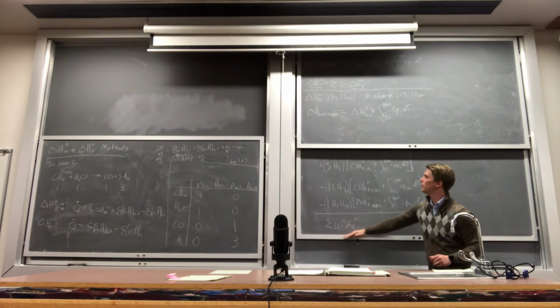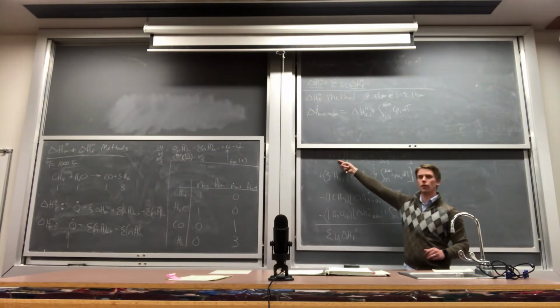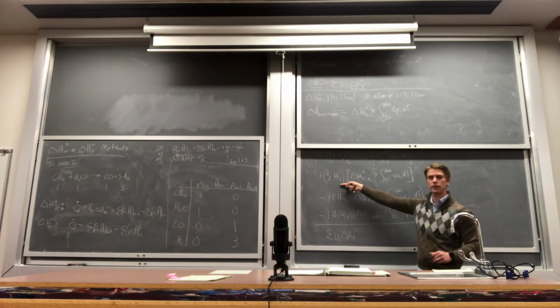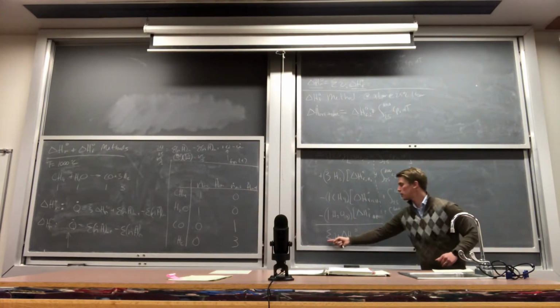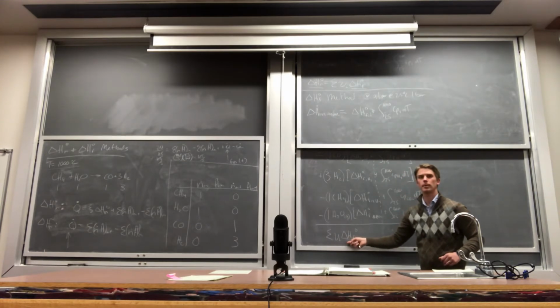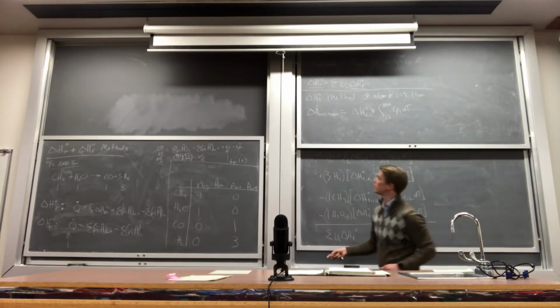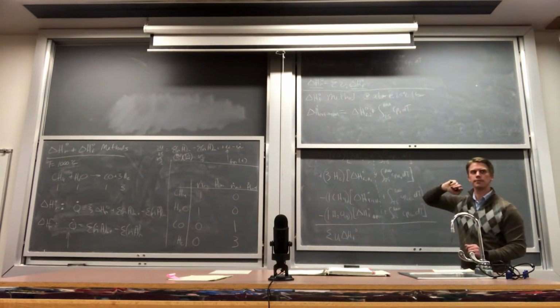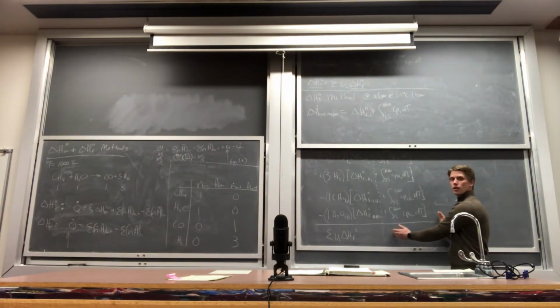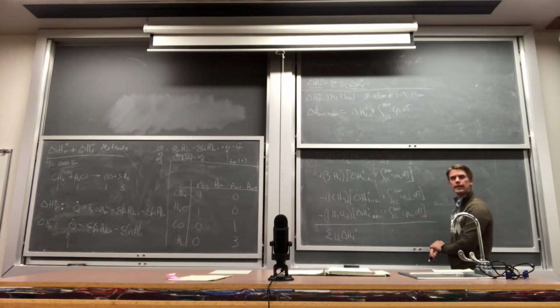We have stoichiometric coefficient of CO, positive 1, positive 3 for hydrogen, minus 1 for methane, minus 1 for water. That is the summation of the stoichiometric coefficients times the standard heat of formation, which is exactly the heat of reaction. These terms on the right-hand side, this is the calculation of delta H going from the reference state to the final state for the heat of reaction method.